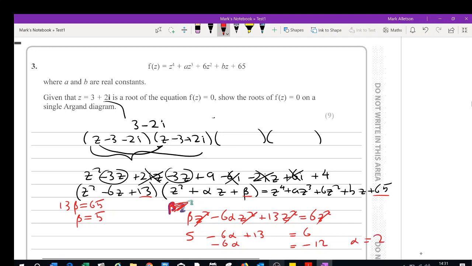So I've got my alpha and my beta, so now I know that this thing here is going to be z squared plus 2z plus 5, because alpha was 2 and beta was 5.